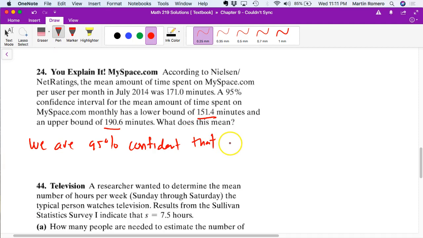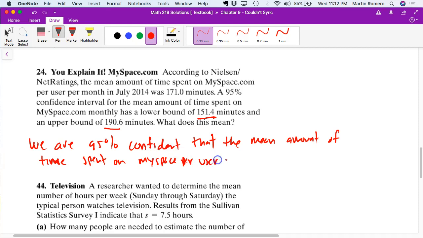We're 95% confident that the mean amount of time spent on MySpace per user is between 151.4 and 190.6 minutes.